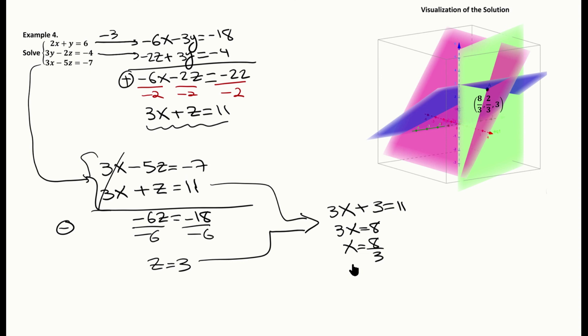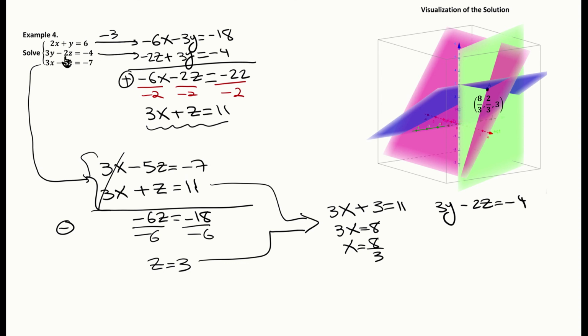All we need is y. So I can actually take either x or z and go into one of these equations and get y. I'll just take z because it's a whole number, makes life easier, and I'll go into the second equation and get y. So I have 3y minus 2z equals -4.